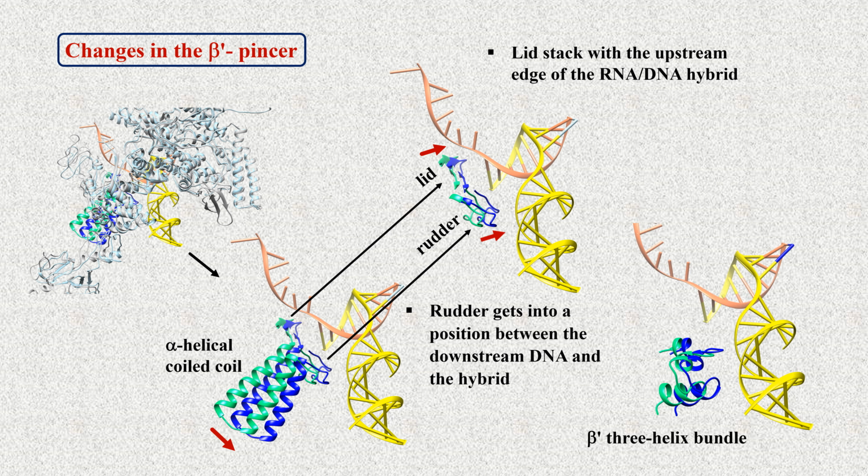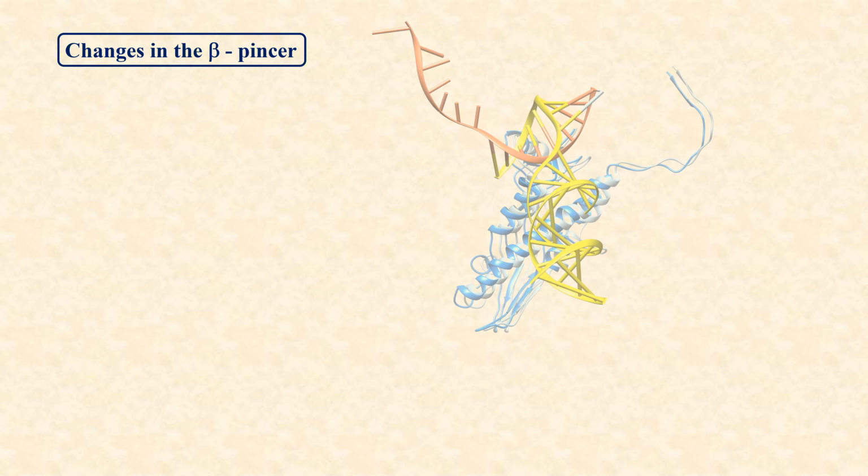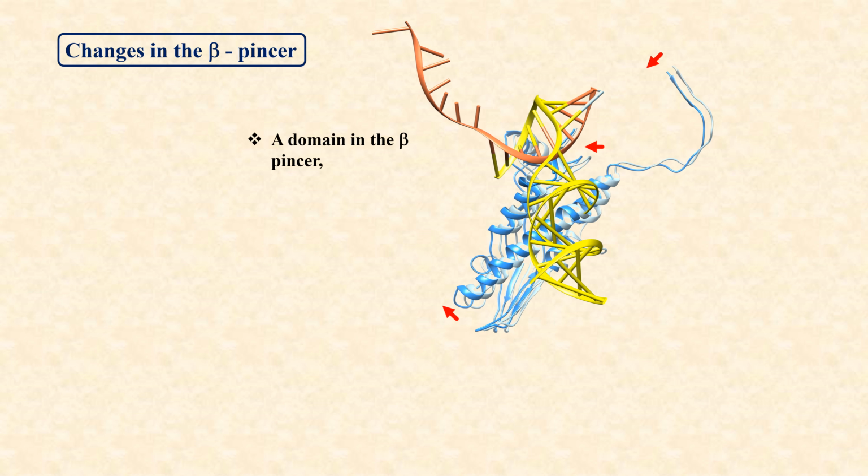Besides, a beta prime 3 helix bundle is involved in several polar and van der Waals interactions with the double-stranded DNA phosphates. A domain in the beta pincer that had earlier contacts with sigma now moves closer to the DNA-RNA hybrid.